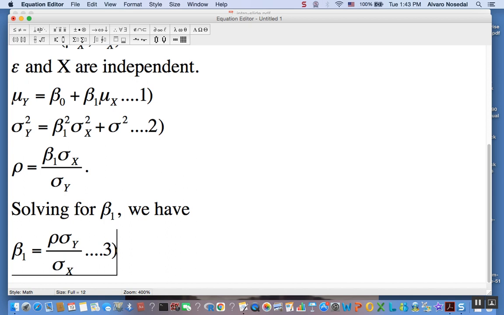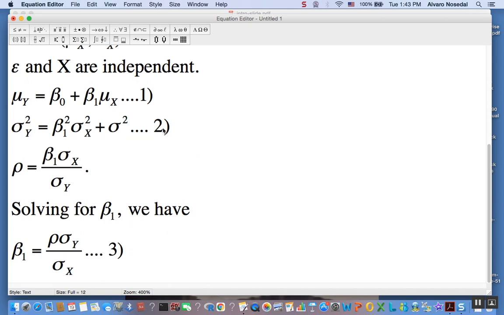What we're going to be using here are expressions 2 and 3. Those are the important ones.